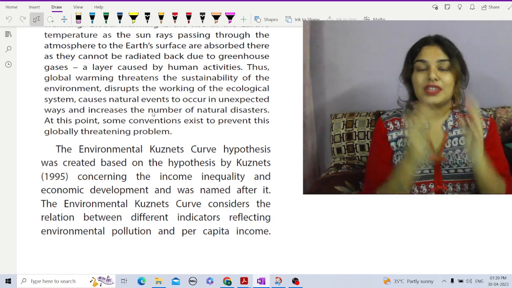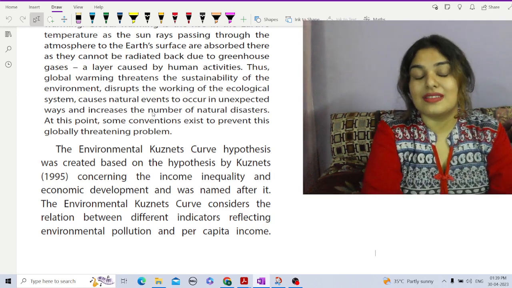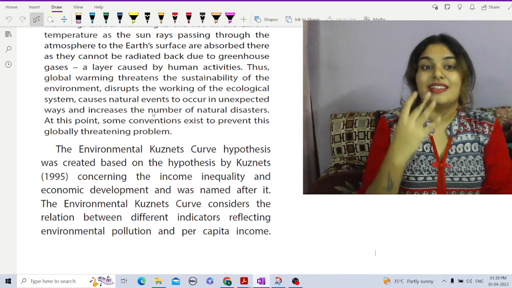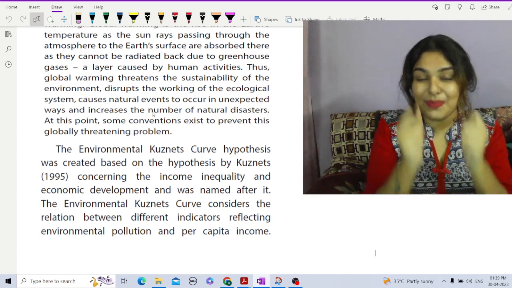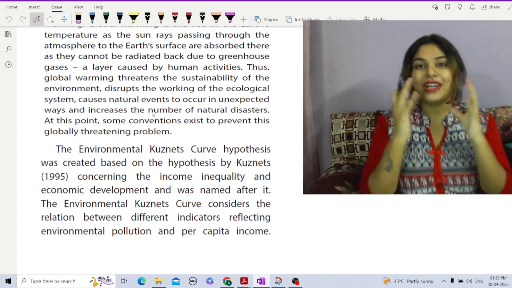So this hypothesis was based on Kuznets' hypothesis that there is a relation between income inequality and economic development, right? So what is the relation?